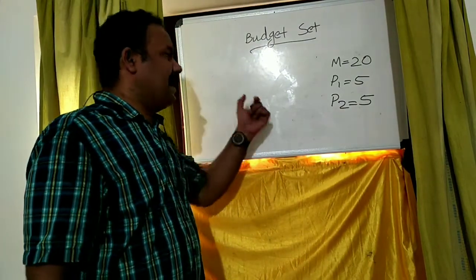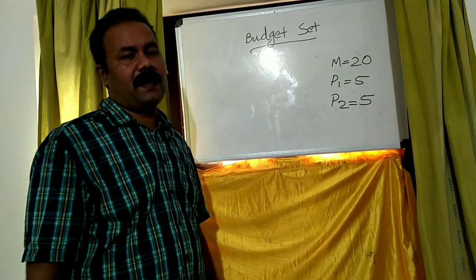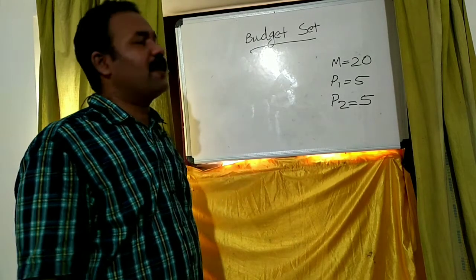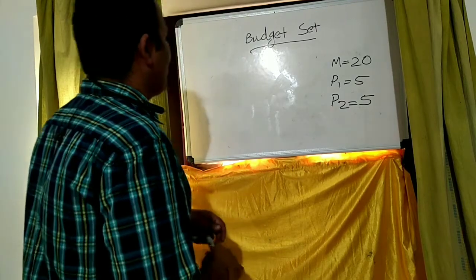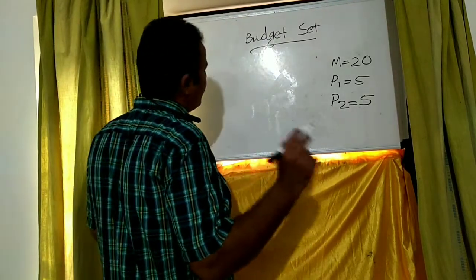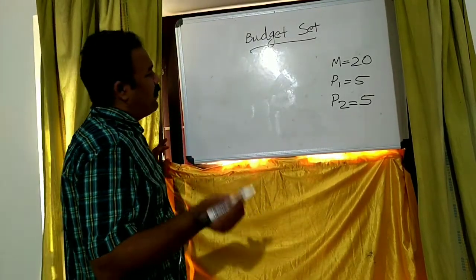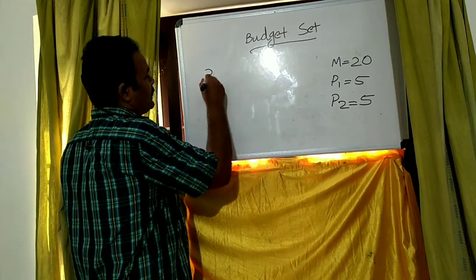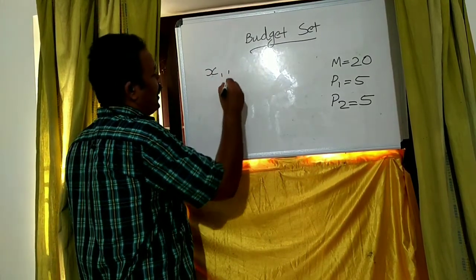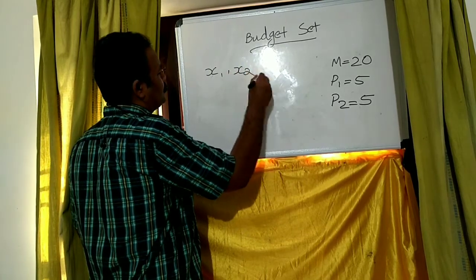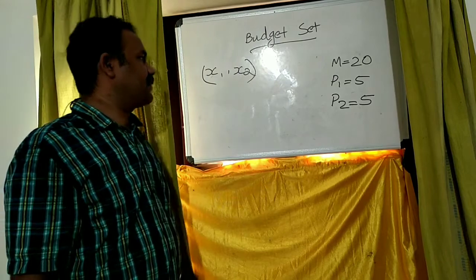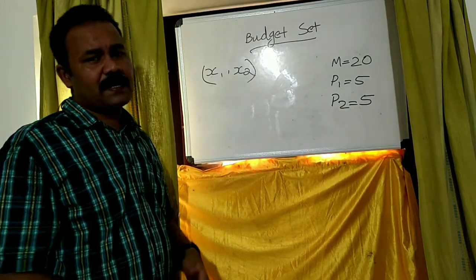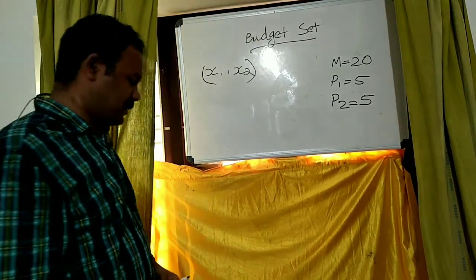Then we can write here the consumer's bundles or budget set. What is the general form of bundles? x1, x2: quantity of the first commodity, quantity of the second commodity.